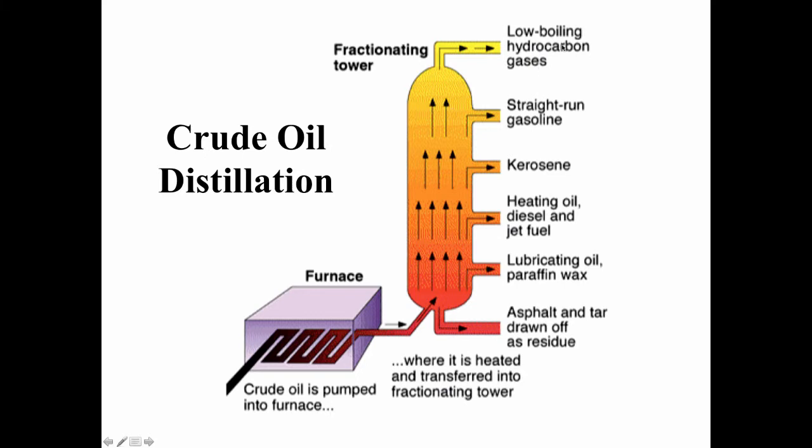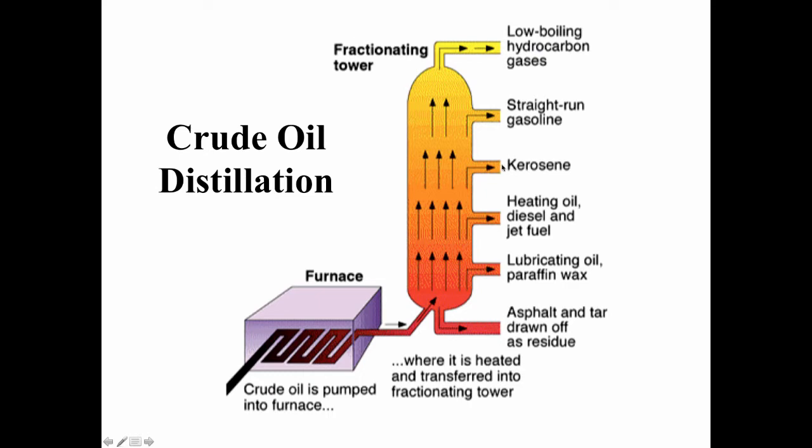So the very small molecules that boil at a low temperature will not condense until they're near the top of the column where it's cooler, and they can be drawn off. Gasoline, which tends to have maybe 5, 6, 7, 8 carbons in its chain, will have somewhat higher boiling points and will be drawn off a little lower in the column.